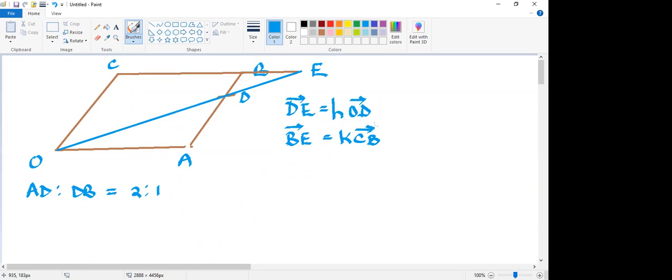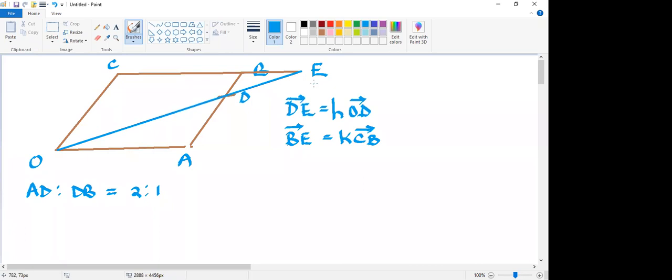This is just the idea that we already know. DE and OD are parallel, in the same direction, and so one can be expressed as a scalar product of the other. In the same way, BE and CB are in the same direction, so they are parallel, and BE can be expressed as a scalar product of CB. That's what we have just learned from parallel vectors.